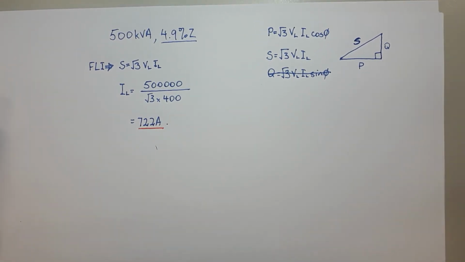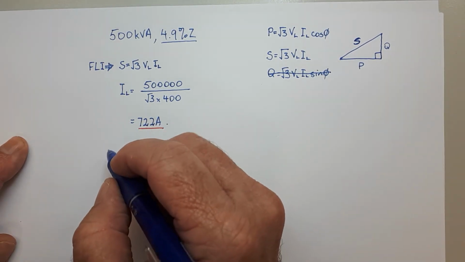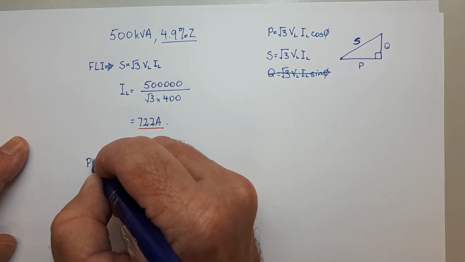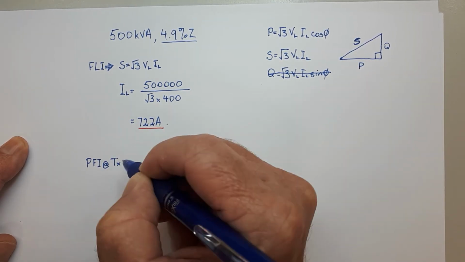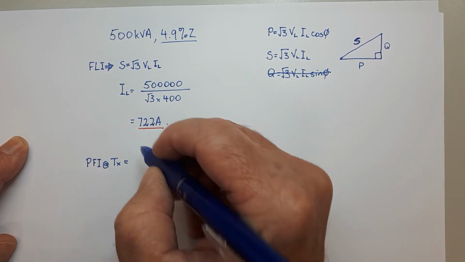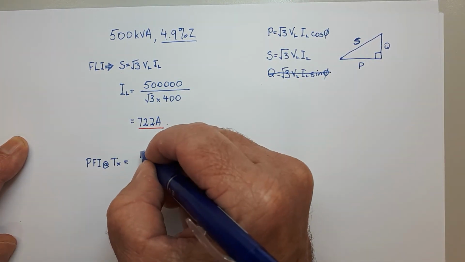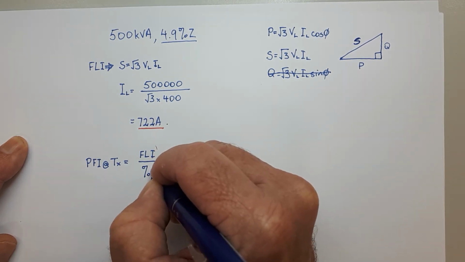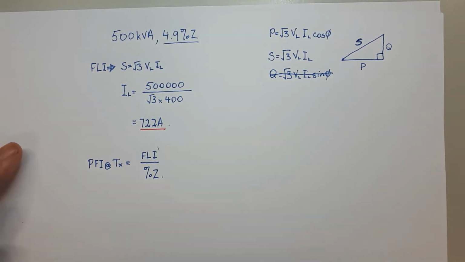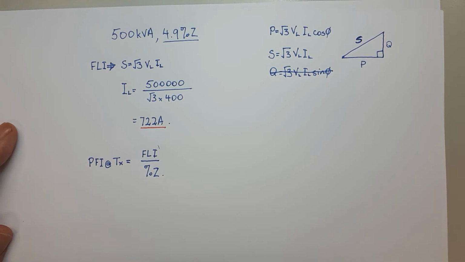The prospective fault current at the transformer is just the full load current over percent Z. If you want to find out why, look up short circuit test. You would have done it in 006, where you did AC machines.